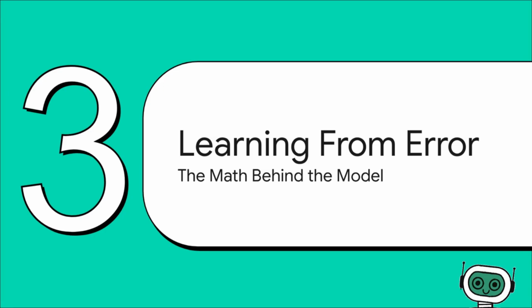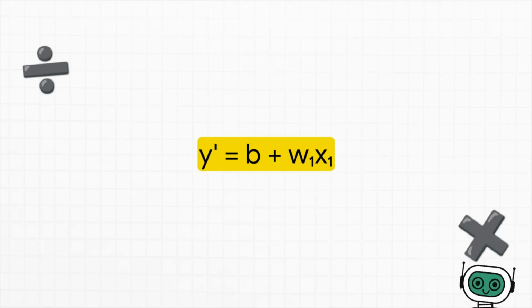Okay, so we get the idea of minimizing error. How does that translate into actual math? Well, let's look at the simple equation that describes the line itself. You'll probably recognize this from basic algebra. It's just the equation for a line. In machine learning, we write it as y prime equals b plus w1 times x1. This equation is the model.